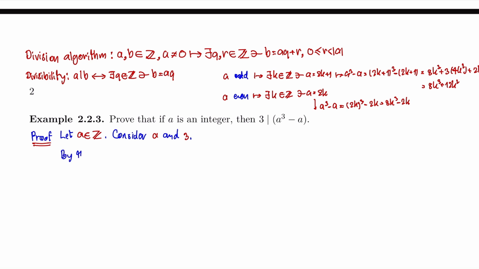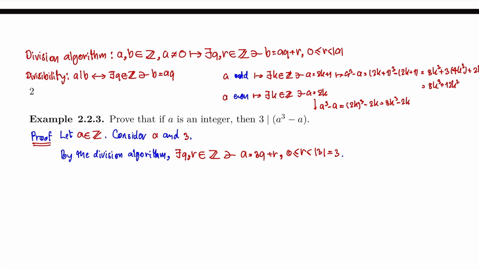By the division algorithm, there exist q and r, which are integers, such that a equals 3q plus r, where r is greater than or equal to 0 and less than the absolute value of 3, which is 3. So r can be 0, 1, and 2.